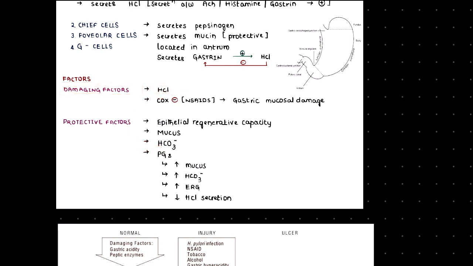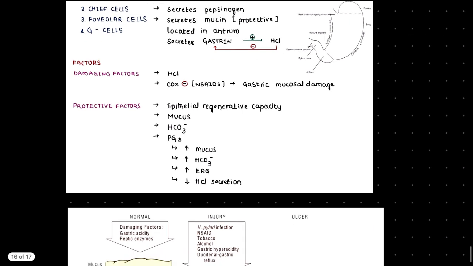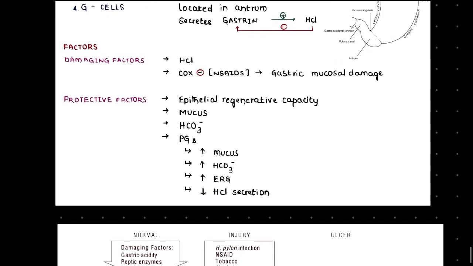Similarly, there are injuries that also act as agents causing damage in our stomach region, such as H. pylori. Now what is this H. pylori causing? It is causing irritation to parietal cells, and these parietal cells will enhance the secretion of acid.